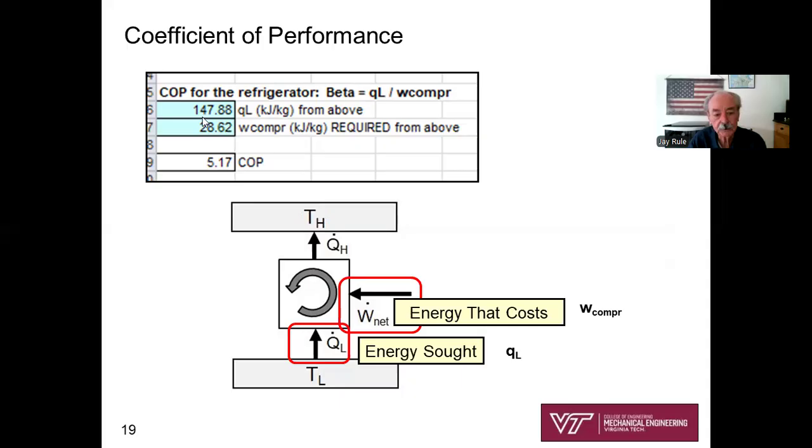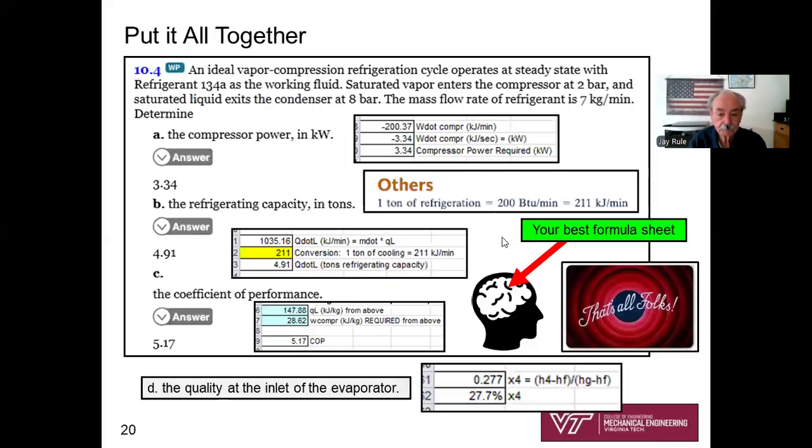And so you do see that I've wiped out the minus sign here, but I'm saying W compressor required, and so the coefficient of performance is 147.8 divided by 28.6, or 5.17 is the coefficient of performance for this ideal refrigeration cycle.